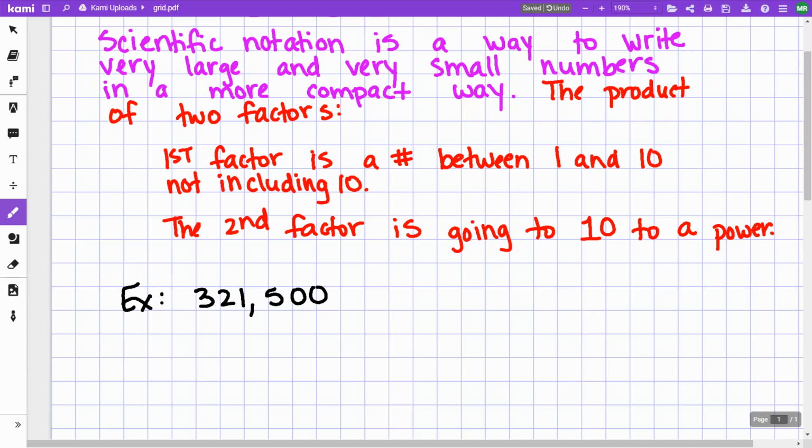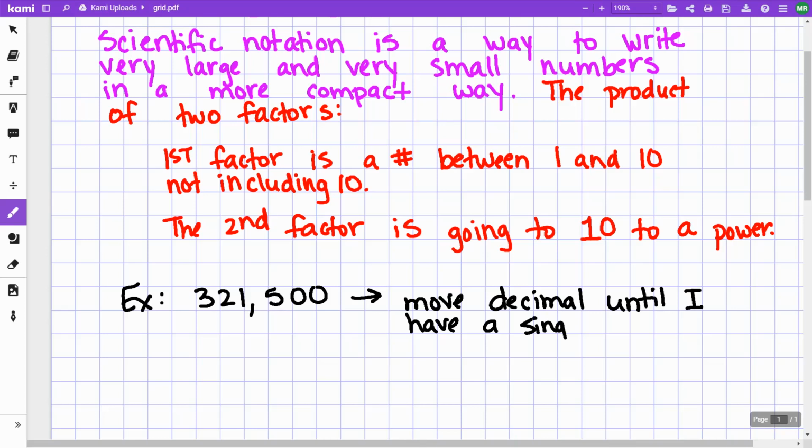What I'm going to do is I am going to be moving my decimal. Okay, I'm going to move the decimal until I have a single digit from 1 to 9.